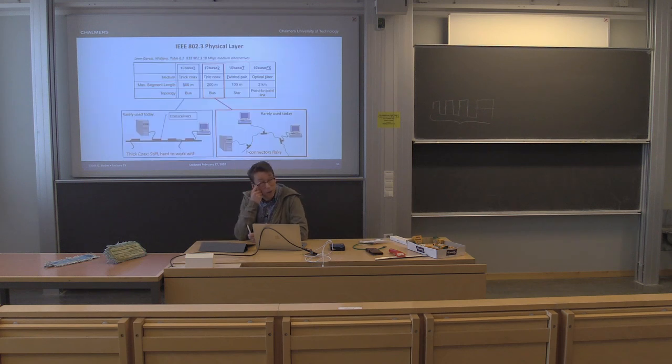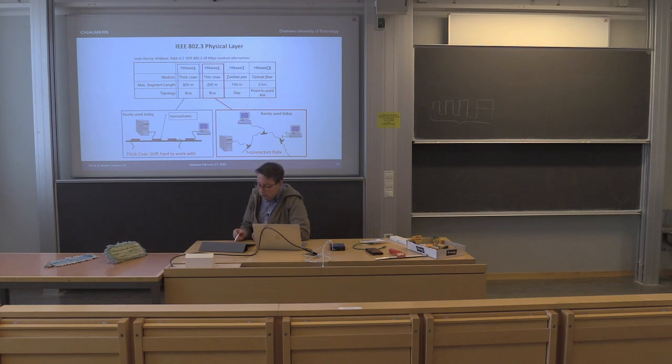So let's look a little bit at the physical layer for 802.3. So in the old days, there was this coaxial cable. So it's like a cable, maybe 10 millimeters thick, like this. And if you know a coaxial cable, it is kind of bulky, and you cannot bend it arbitrarily, and things like that.